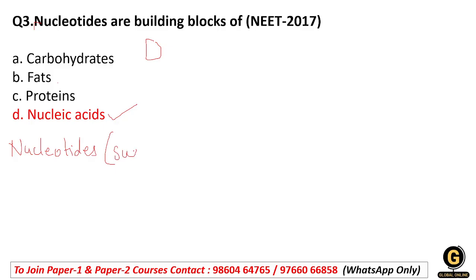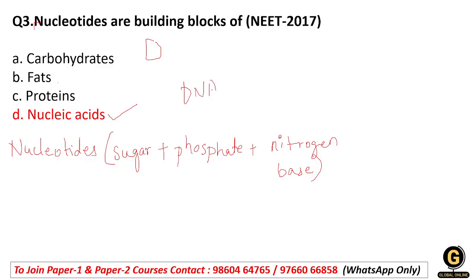They are sugar plus phosphate plus nitrogen base. Yes, nitrogen base. So these nucleotides are the monomers of what? DNA and RNA, right? These nucleotides form DNA and RNA which are nothing but the nucleic acid. So nucleotides are called the building blocks.